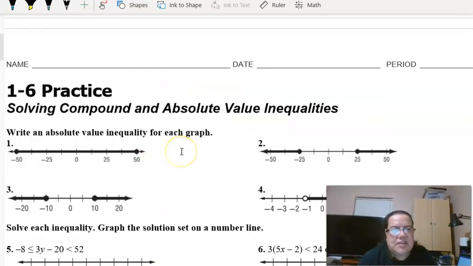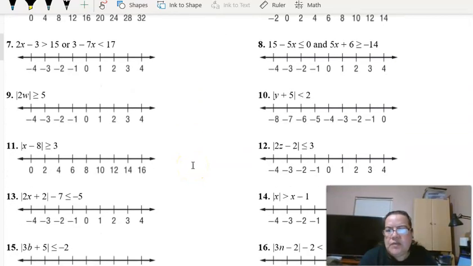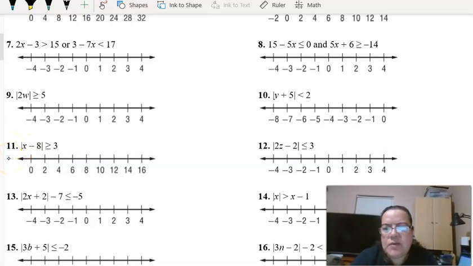So now let's look at the 1-6 practice section. We'll just take any one of these questions. Let's look at number 11. And so we got to remember when it's absolute value, there could be two possibilities. x minus 8 could be less than or equal to 3, or x minus 8 could be greater than or equal to the negative 3.